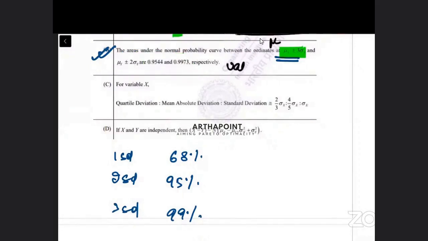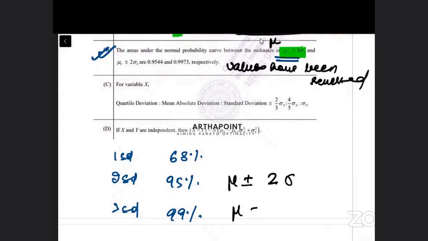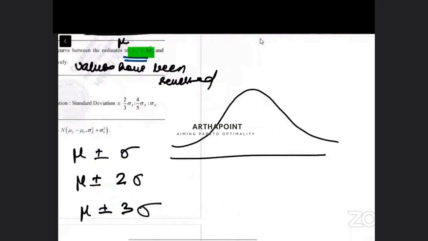So please make a note. Values have been reversed. This will be mu plus minus standard deviation, mu plus minus 2 standard deviation, mu plus minus 3 standard deviation. इसको यहाँ पर भी दिखा सकते हैं Z में.